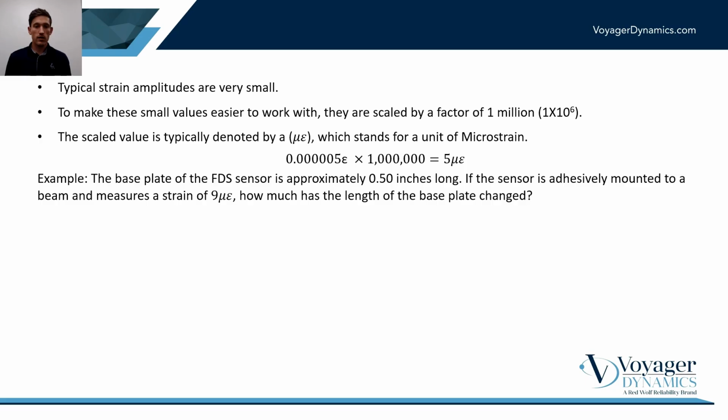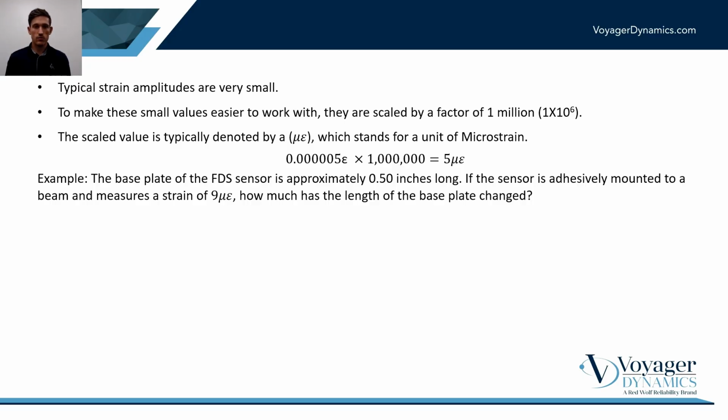Now I want to give an example of a calculation using microstrain to relate it back to some physical dimension, just to show you where these values are coming from when we use the FDS sensor. So let's take the example below. We have the FDS base plate, which is approximately half an inch long.